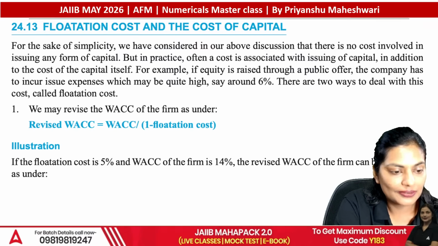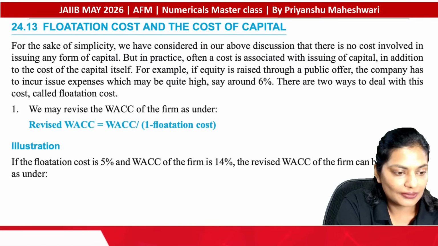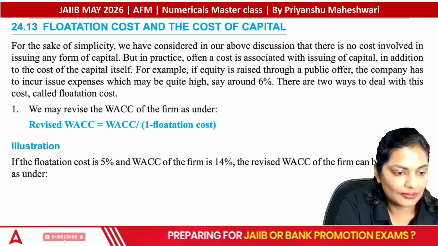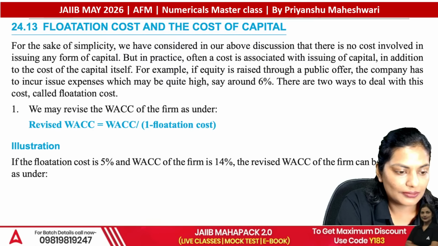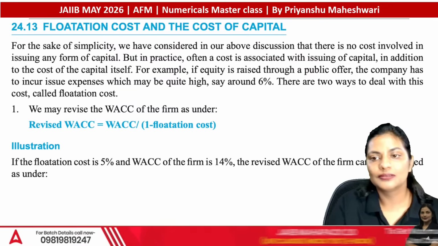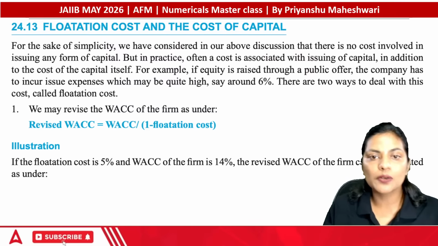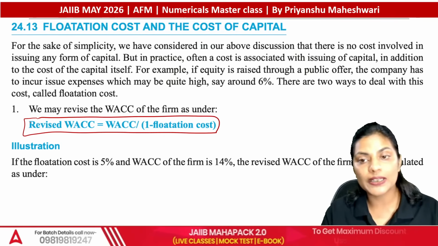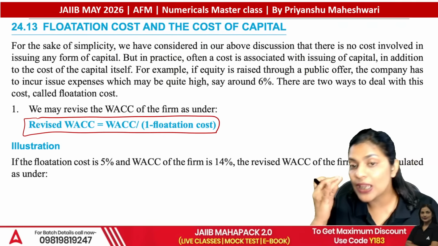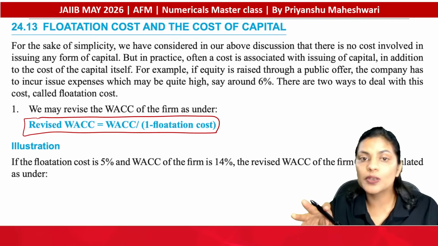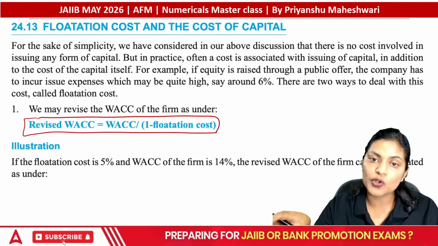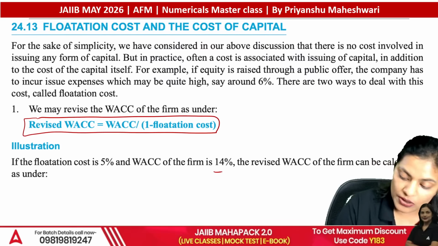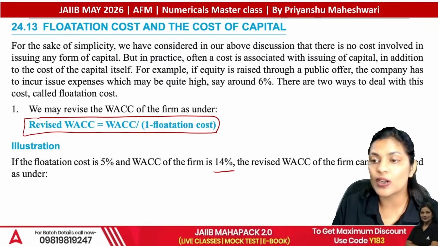Now, you are required to calculate the flotation cost. Now, flotation cost, you remember, revised weighted average cost. I explained the concept that how my actual or revised weighted average cost of capital would be different from the weighted average cost that I have calculated, because I will not receive 100% of the funds.